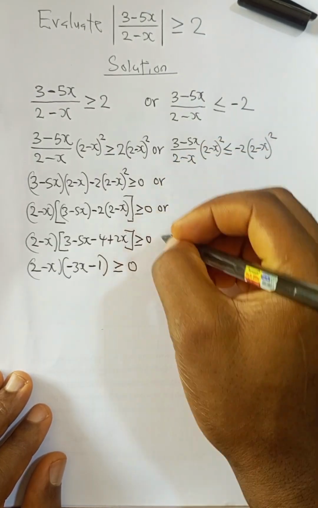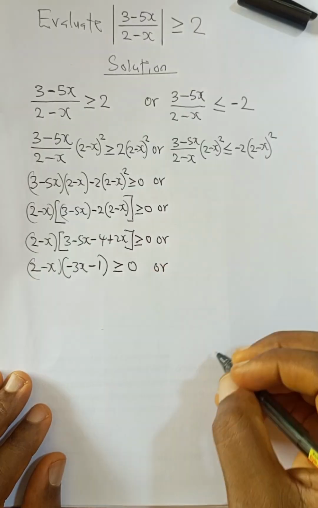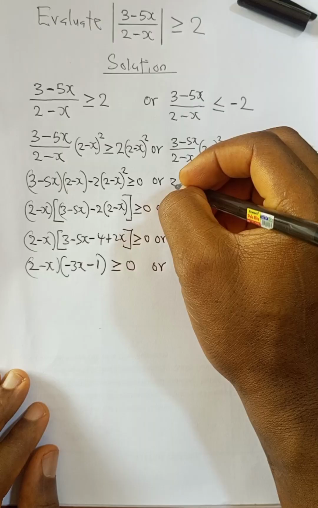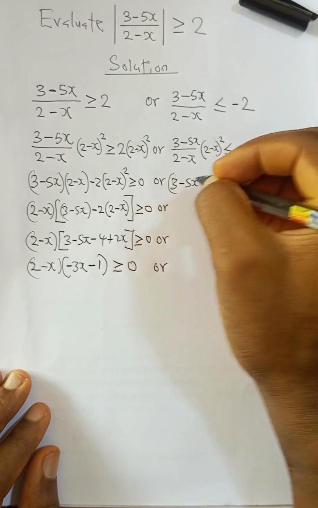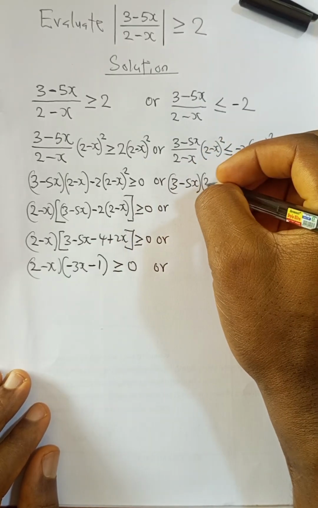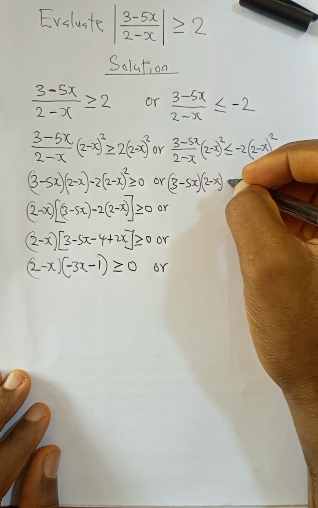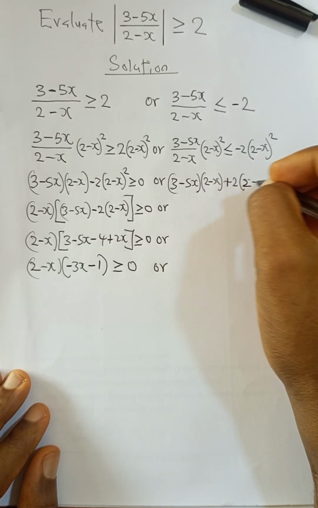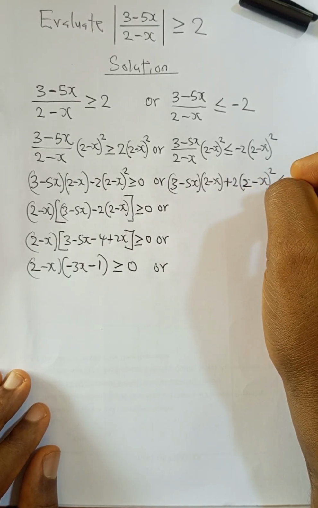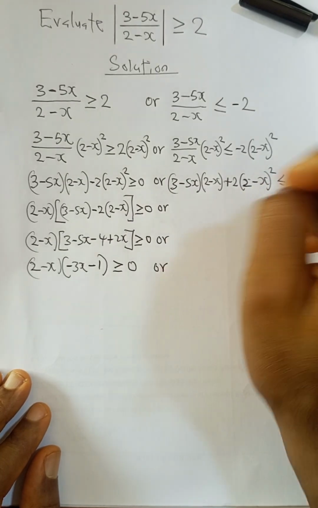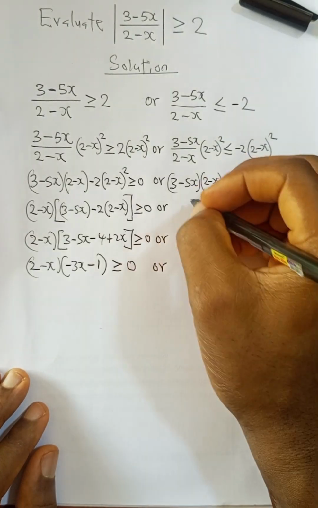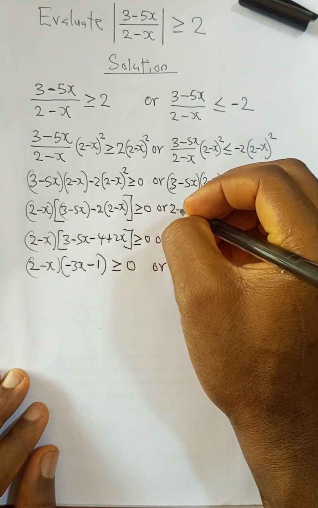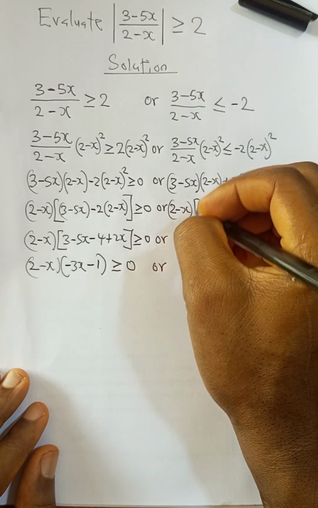Then the other one is coming down. So it's the same procedure. Here this will cancel this. We have (3 minus 5x) times (2 minus x). When this one comes, you have plus 2 times (2 minus x) squared is less than or equal to 0 now. Good. So what is common here? 2 minus x. If 2 minus x is outside, what will remain inside?